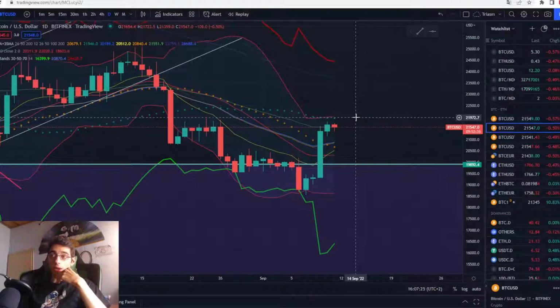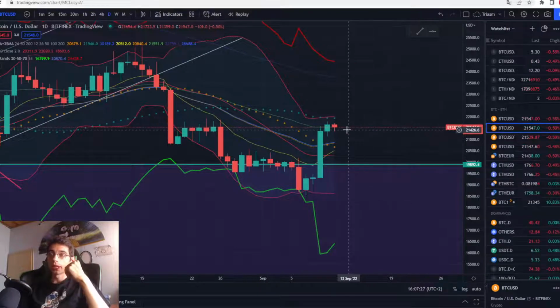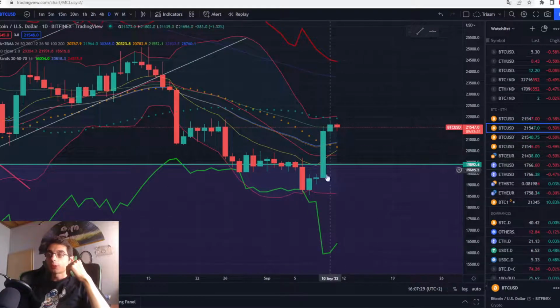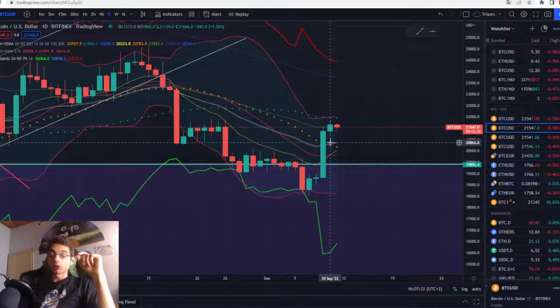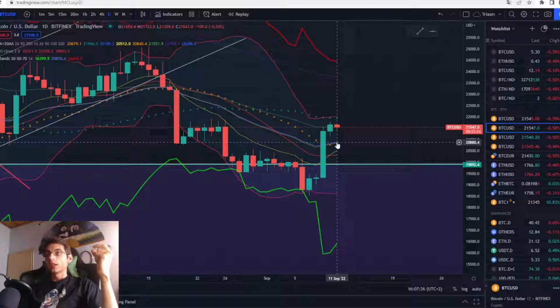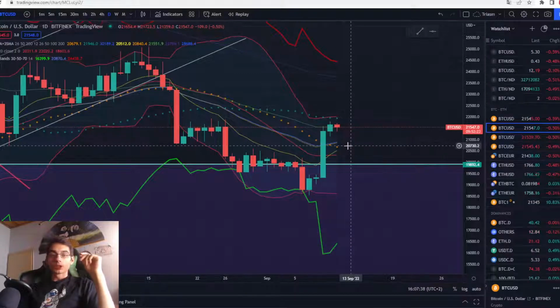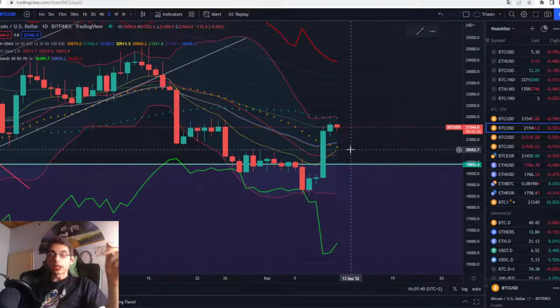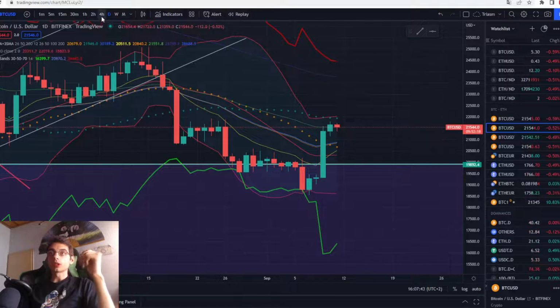So if we want to go higher, we should wait for these Bollinger Bands to narrow, because when the Bollinger Bands narrow, it signifies that we are going to see a lot of volatility in the coming days, since we are watching the daily chart.